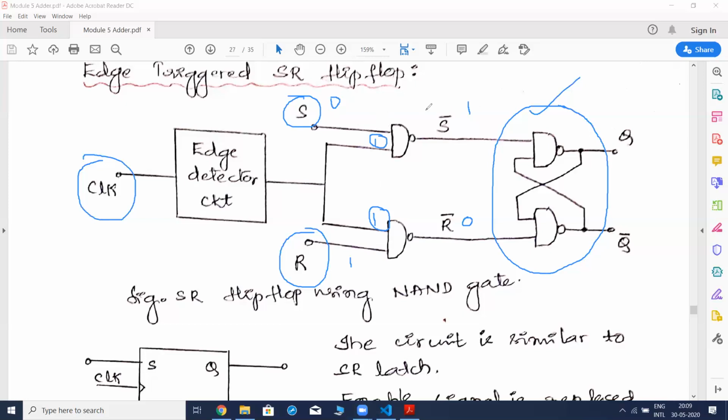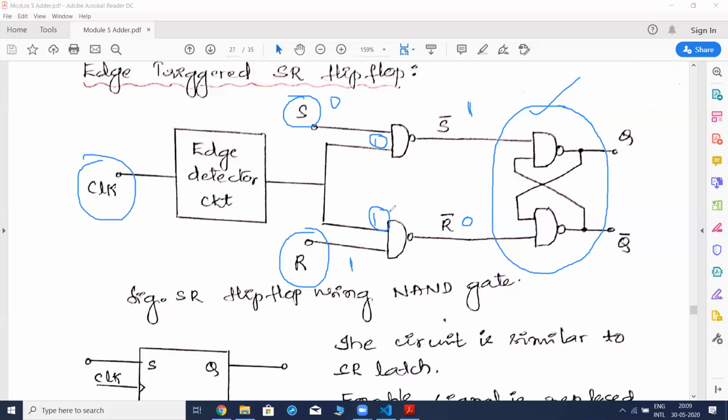So here S is 0, thereby we are getting the output of this NAND gate as 1. This is just an example of how we are getting this complement.